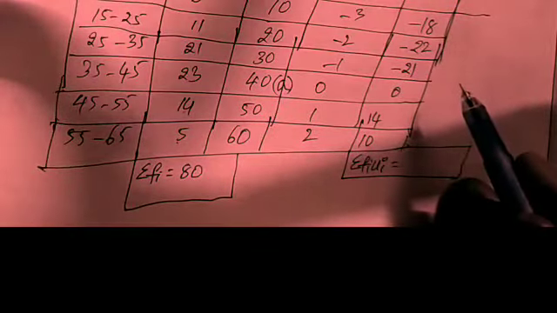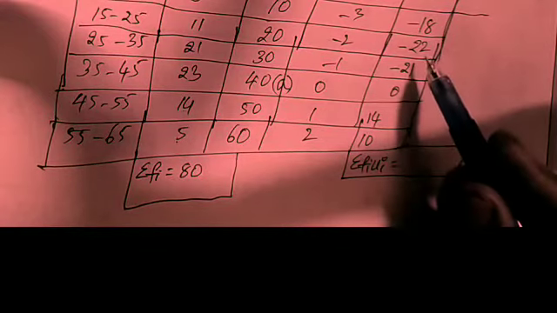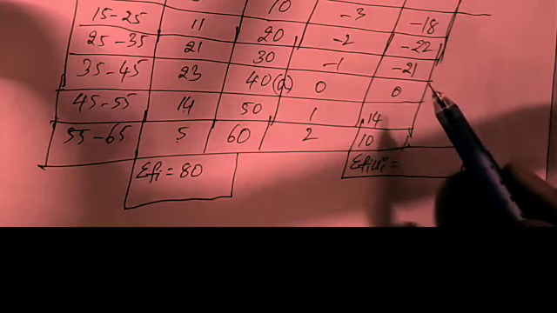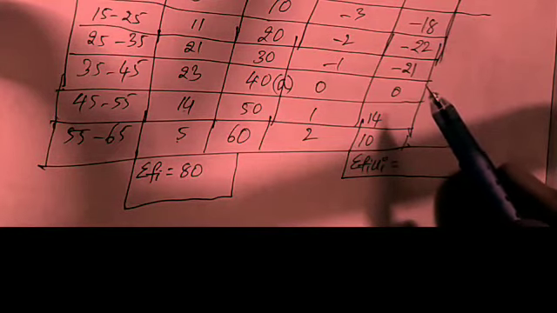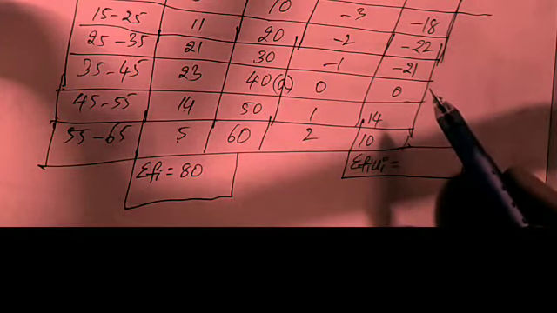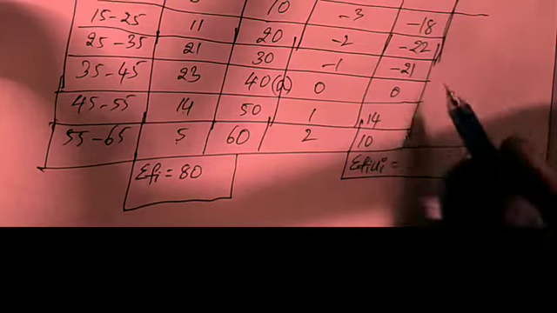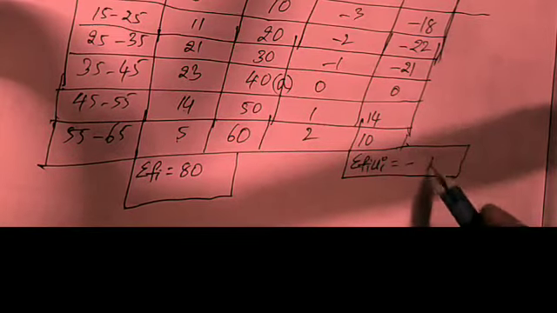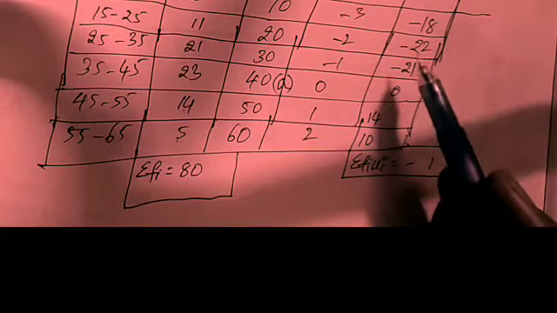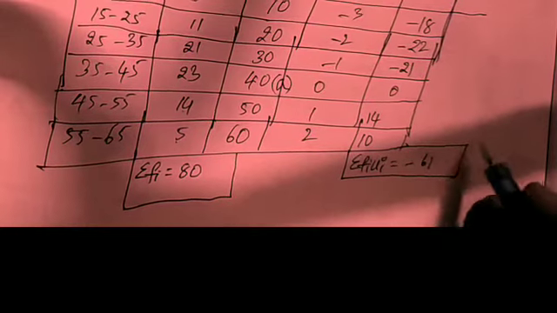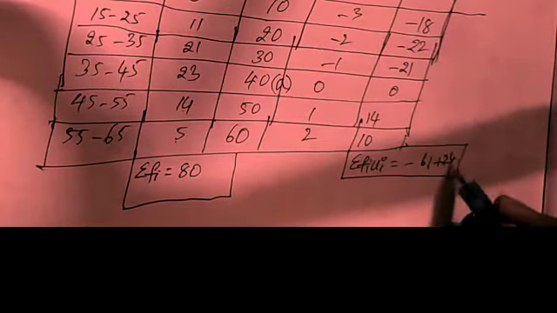So, what is the sum of the negative terms? 40, 50, 60, 61, so minus 61, plus 24.